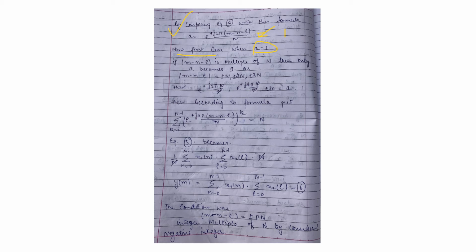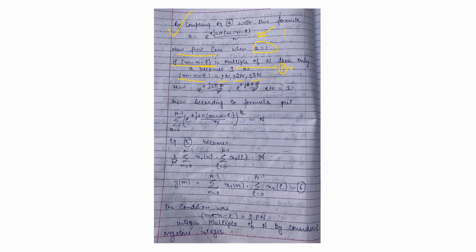So for e raised to power j 2 pi (m minus n minus L) upon N to be equal to 1, this m minus n minus L should be a multiple of N. Means it will be plus minus any integer times N. Means m minus n minus L should be equal to plus minus N, plus minus 2N, plus minus 3N and so on. Any value, P is an integer, plus minus.